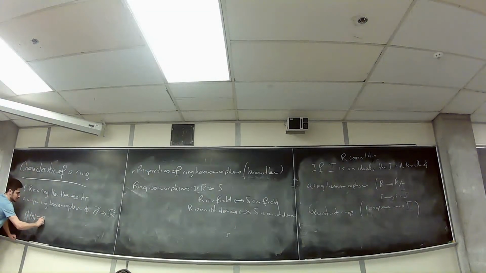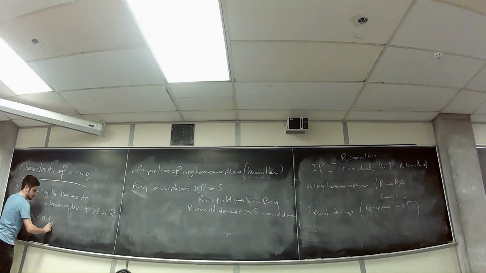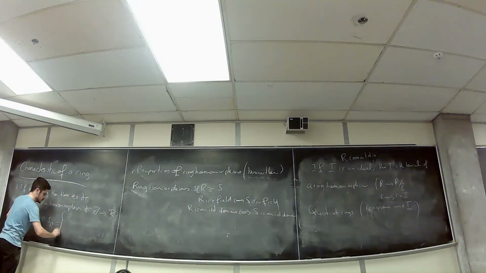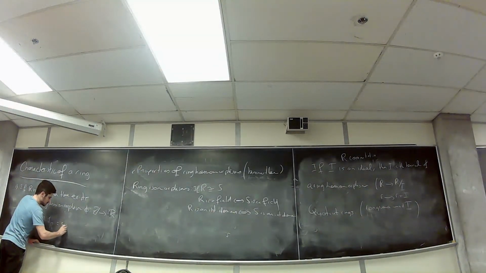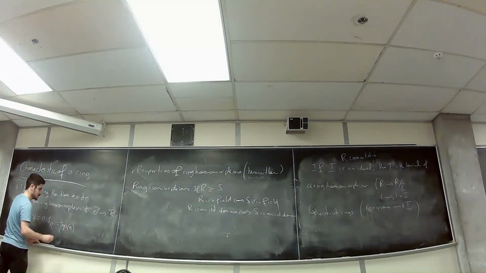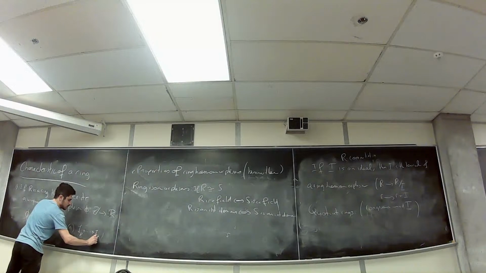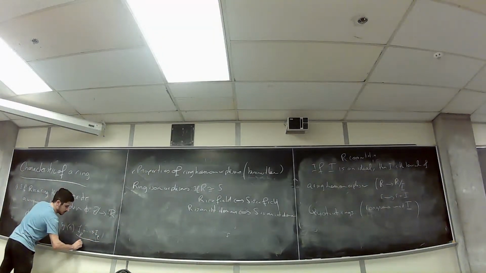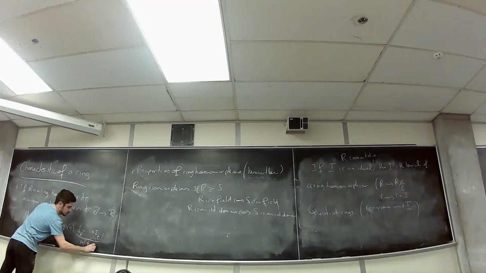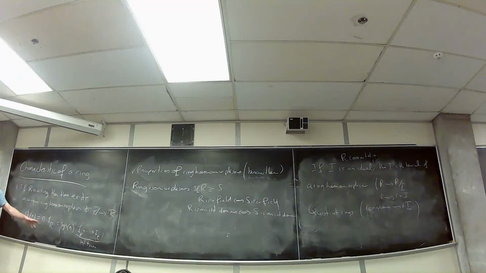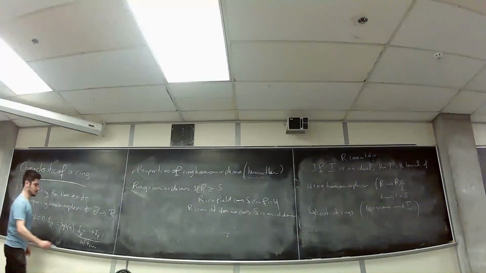Phi of n is n times 1_R, which is defined as the sign of n times 1_R plus 1_R, absolute value of n times. If n is positive, it's 1 plus 1 plus 1, n times.